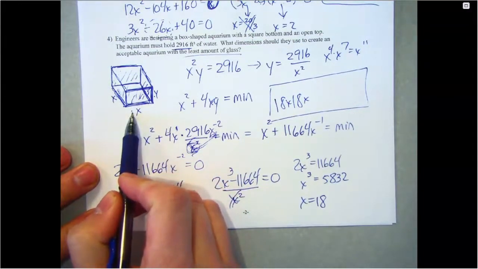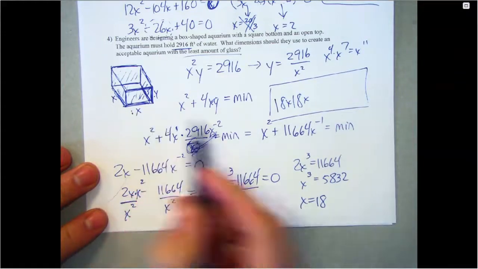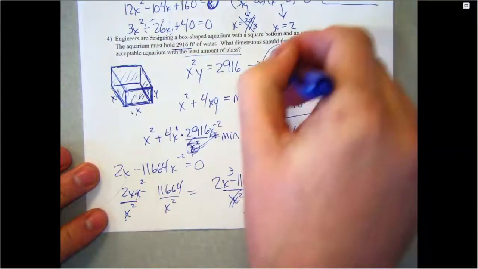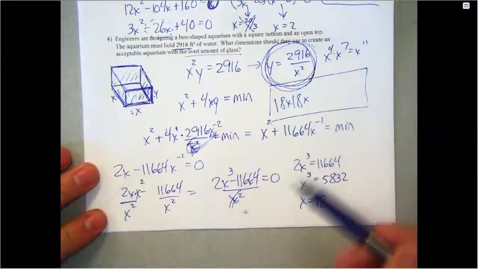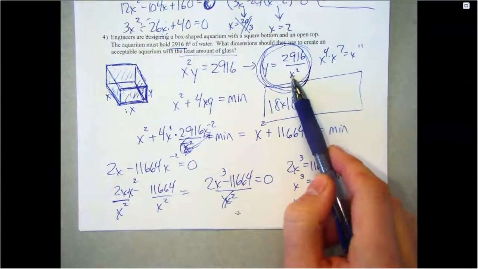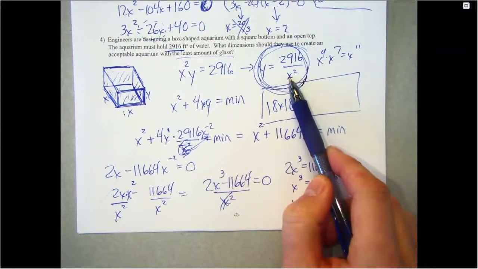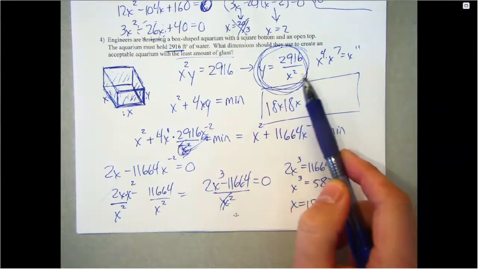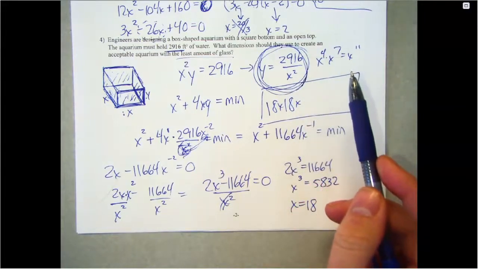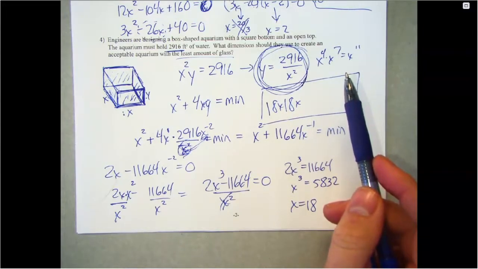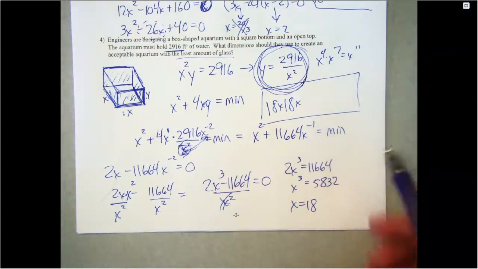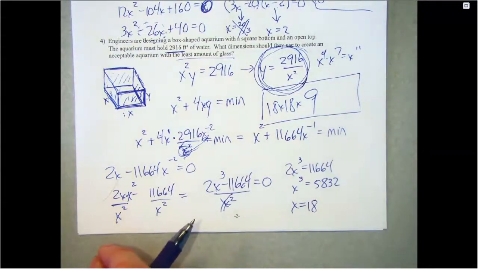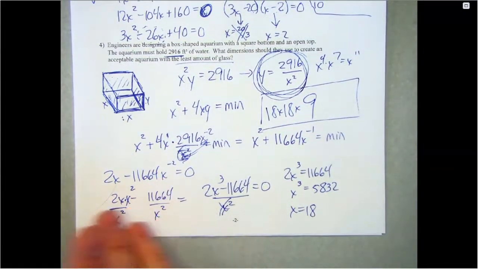By, what do I use to find out the y? I've got this right here, right? If I do 2916 divided by 18 squared. What's 18 times 18? 324.